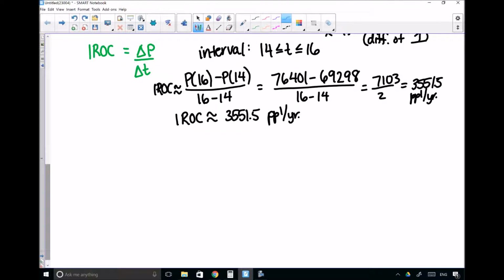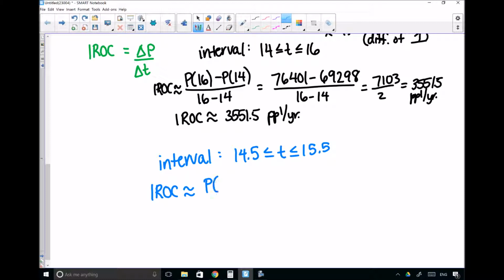All right, so let's do an even better interval. Instead of using a difference of 1, let's use a difference of 0.5. So let's go ahead and figure this out from 14.5 all the way to 15.5. So that means that my instantaneous rate of change is approximately P of 15.5 minus P of 14.5 over 15.5 minus 14.5.